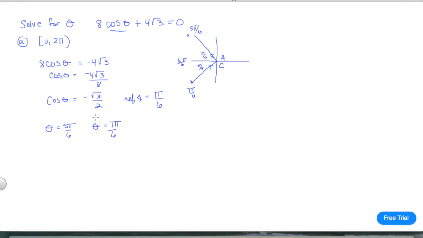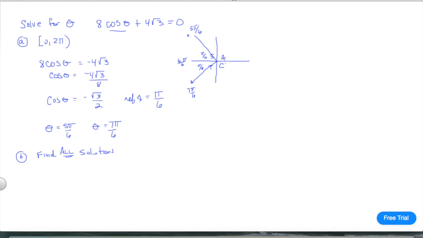So that's the solution. Now, if the directions had said find all solutions, and if you think about it, we know both from thinking about the unit circle and also by thinking about the graph of this function that there are an infinite number of values for theta for which cosine of theta is negative square root of 3 over 2.